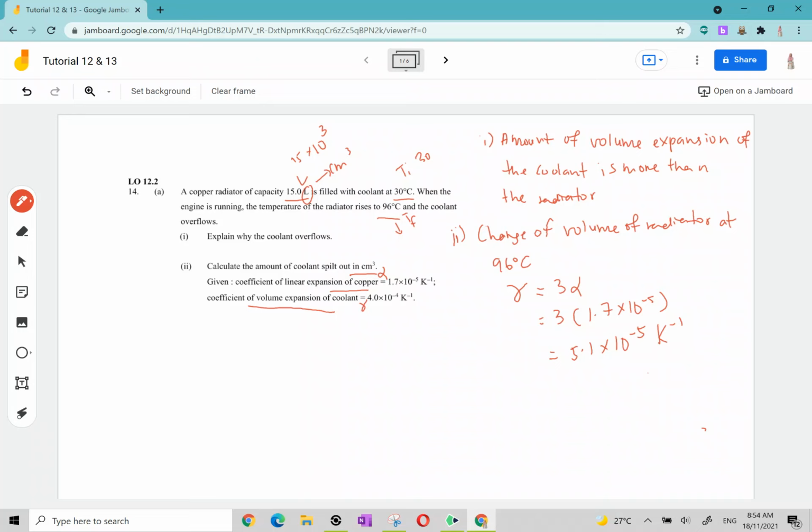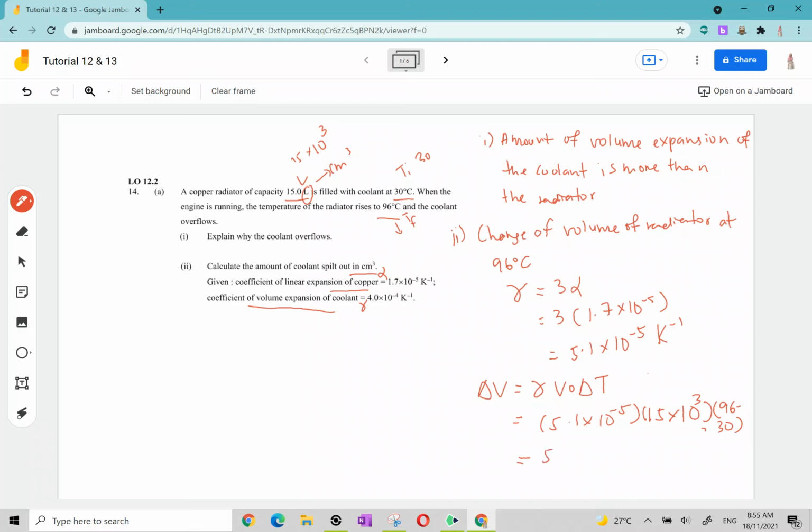Why do we calculate this? Because we need to put it into the formula delta V equals gamma V0 delta T. So now gamma is 5.1 times 10 power negative 5. And V0 is the original volume, which we convert to centimeter cube, and we get 15 times 10 power 3. And delta T is 96 minus 30, final minus initial.